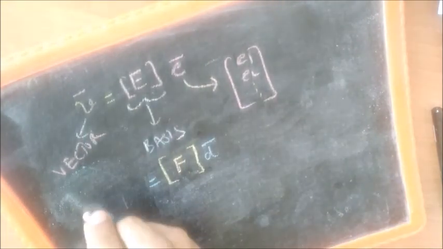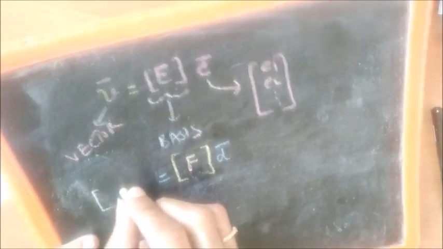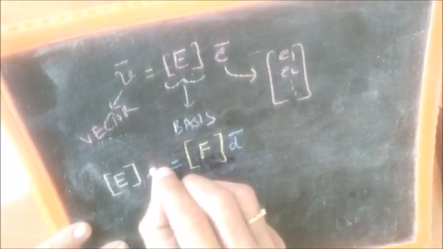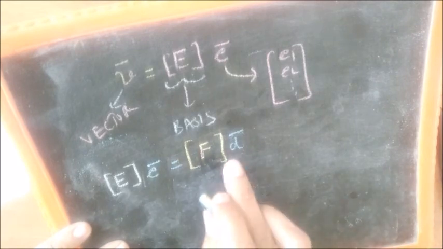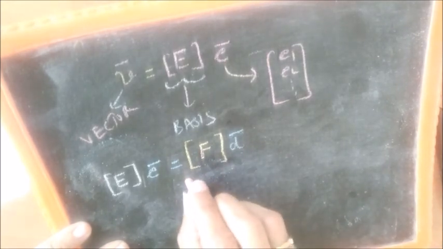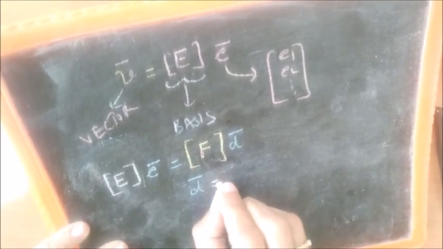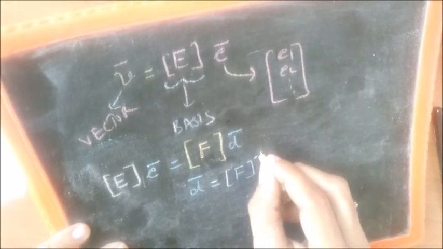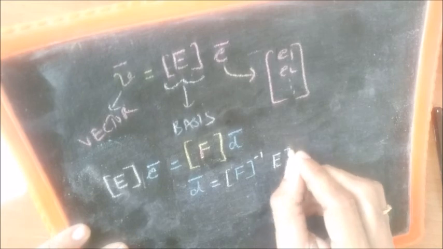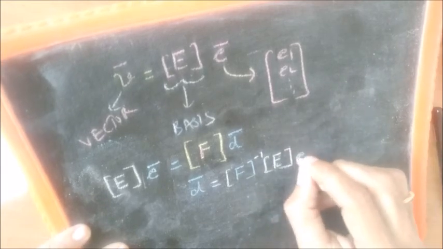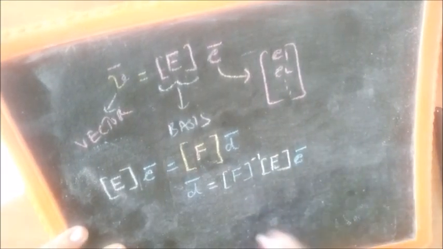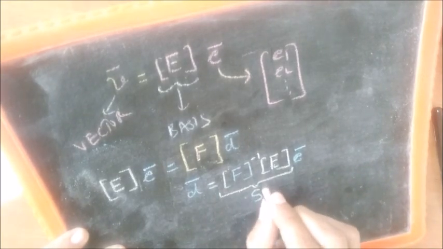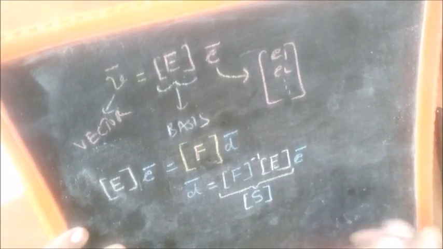We write E into C equals F into D, which means that D, which we have to find out, is equal to F inverse into E into C. And this matrix we can call matrix S.